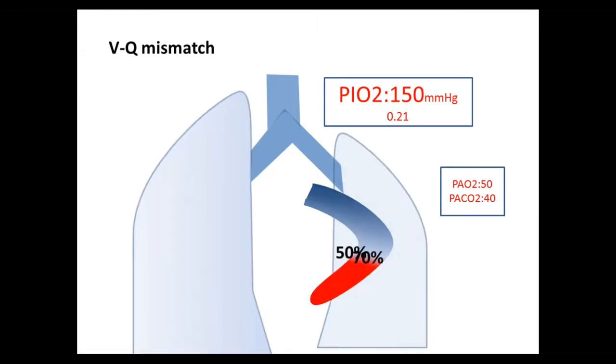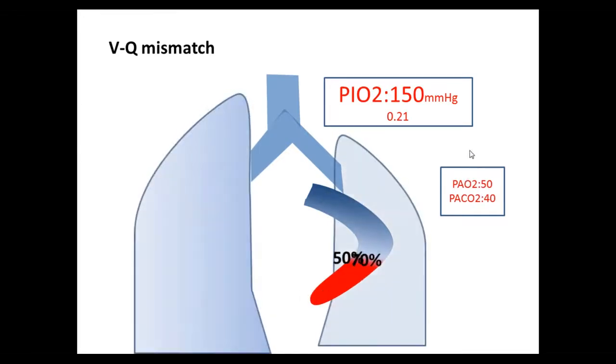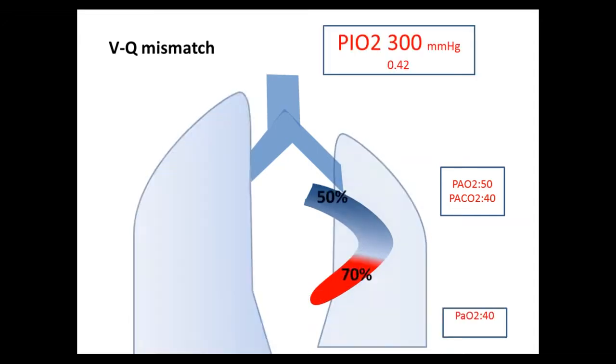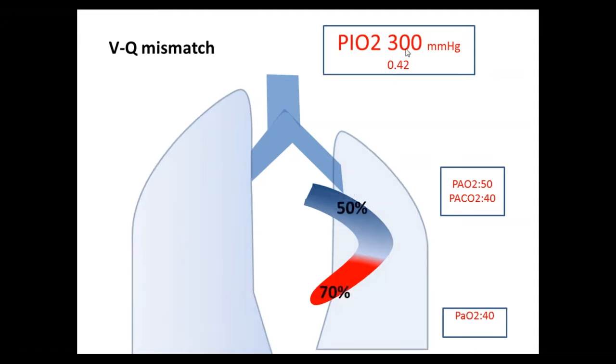So the partial pressure of oxygen reduced almost from 100 to 50. So almost you need to double the inhaled oxygen from room air to around 40%. So you have 300 millimeter mercury of partial pressure of inhaled oxygen.